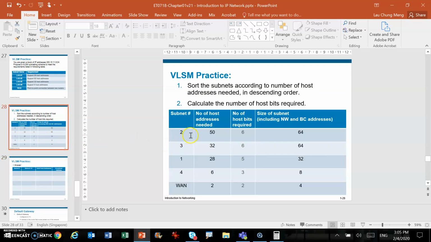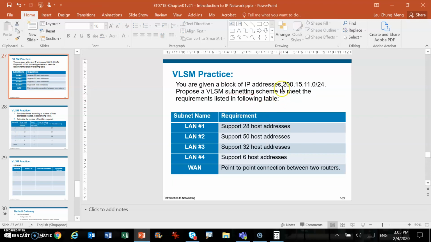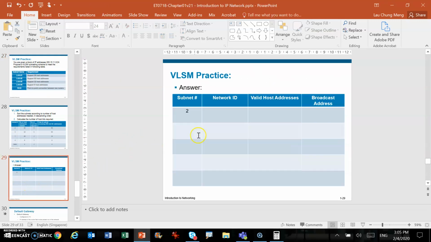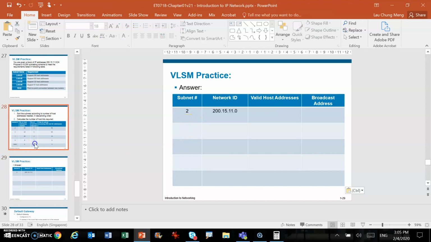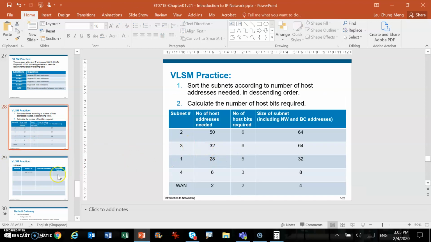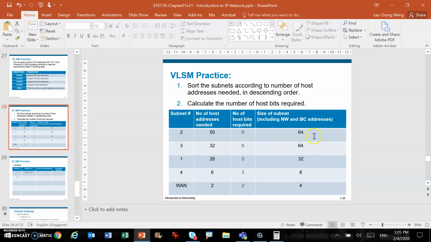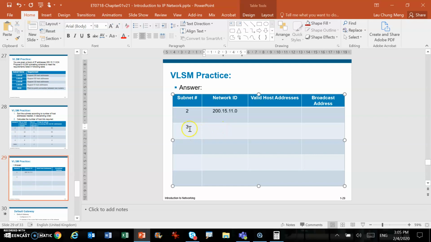First subnet, the biggest one, is subnet 2. The network ID is 200.15.11.0. The next one is subnet 3. What is the size of subnet 2? The size of subnet 2 we calculated is 64. So how do we get the subnet ID of subnet 3?